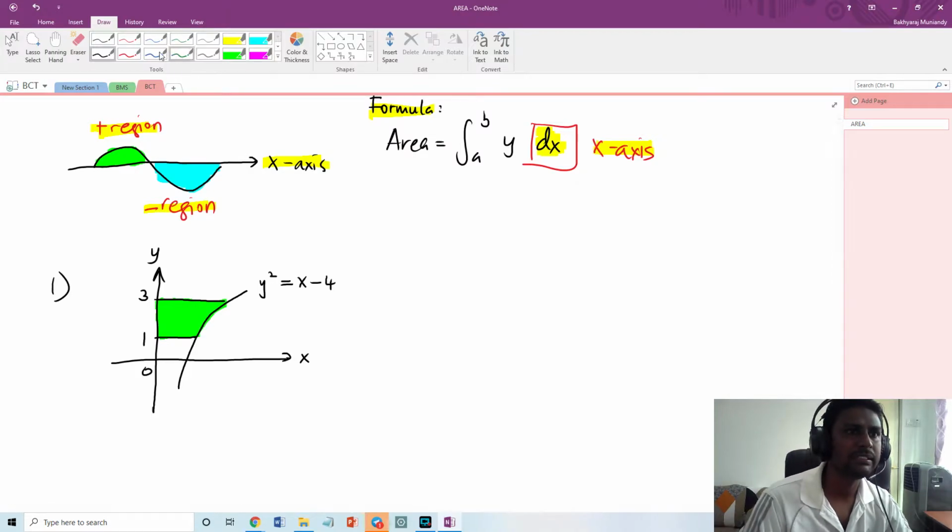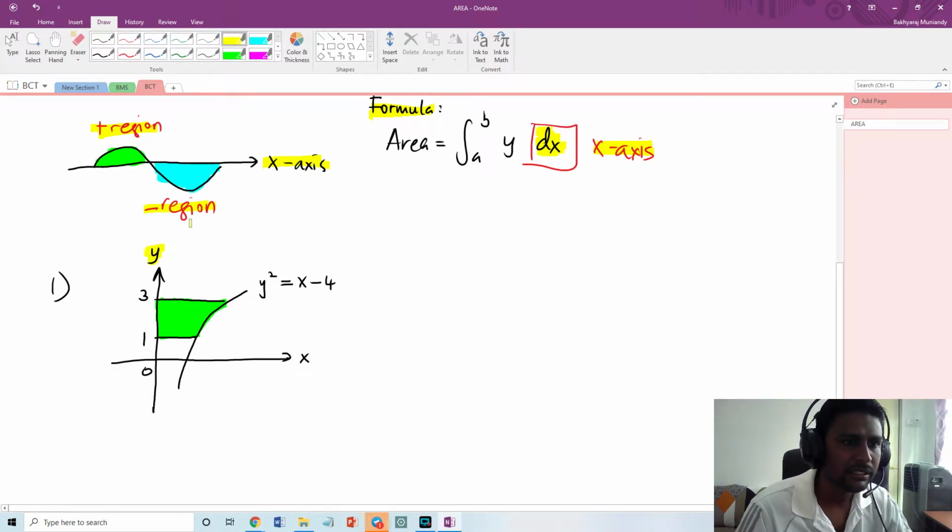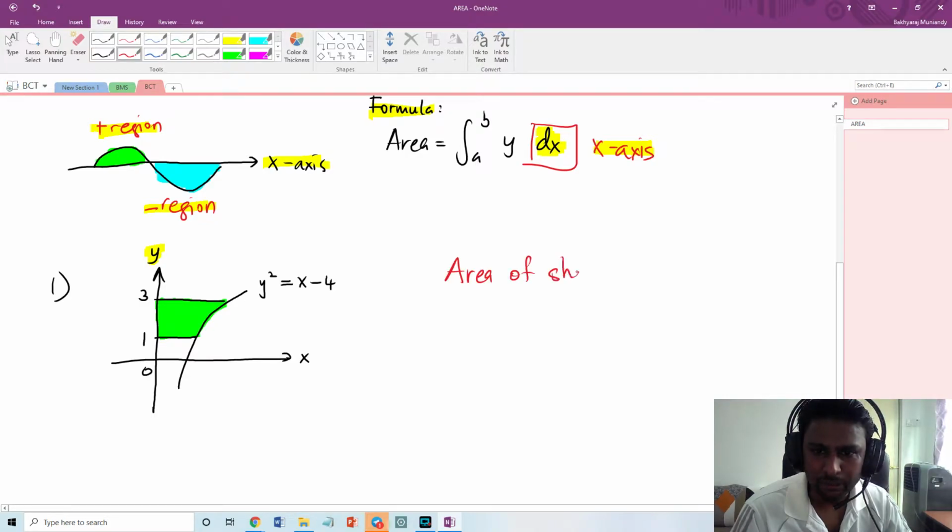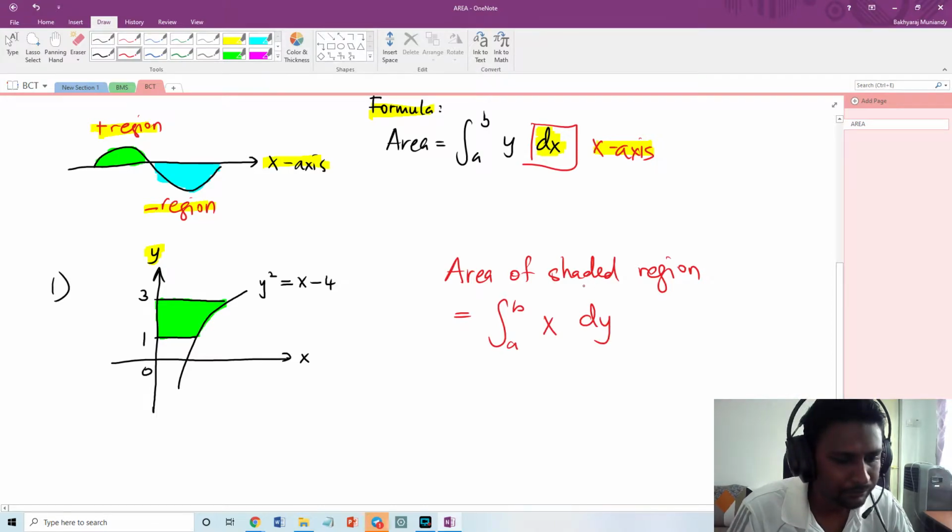Now we are working with respect to the y-axis. Once we work with respect to the y-axis, the area of the shaded region will be equal to the integral from a to b of x dy. So this is our formula.